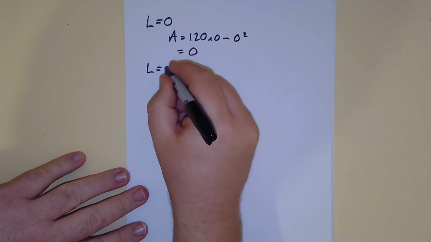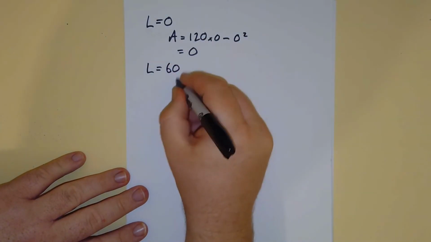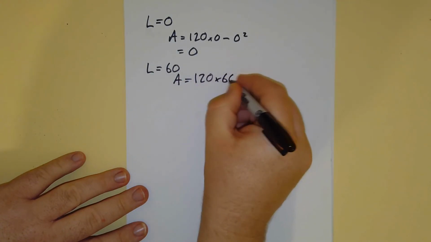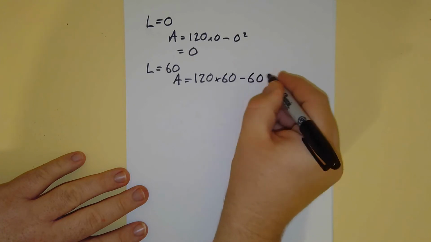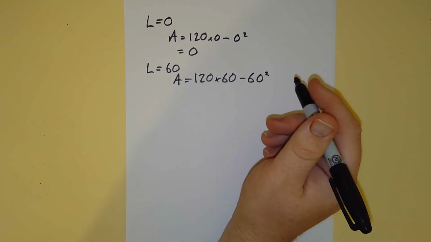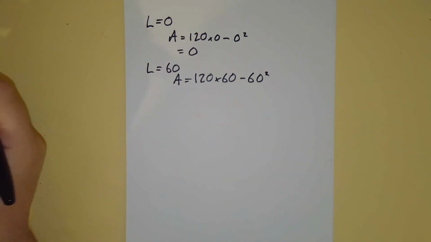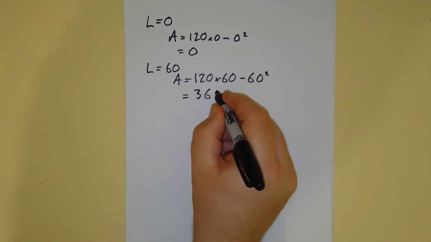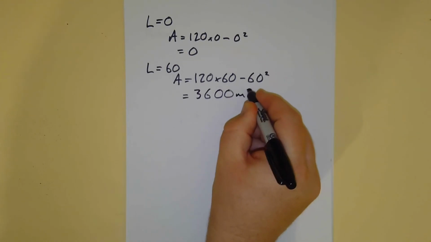So if we're going L of 60, my area is going to be 120 times 60 minus 60 squared. And that one, I really need to get a calculator out to do. So I'll just quickly do that. 120 times 60 minus 60 squared. And I get an area of 3,600 meters squared.